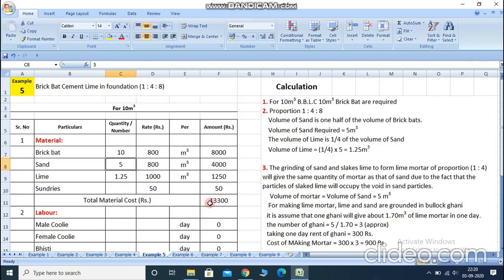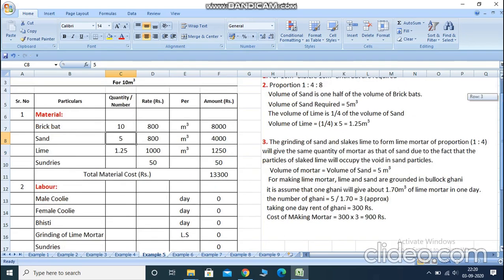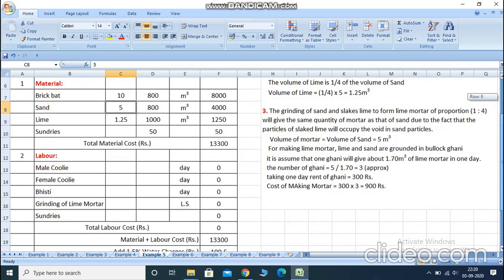This is the total material cost of brick bat lime concrete in a foundation for a ratio of 1:4:8.